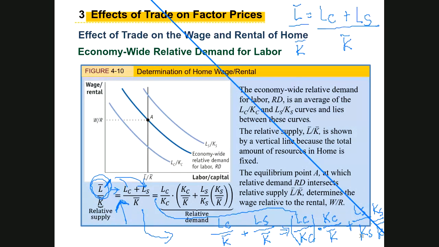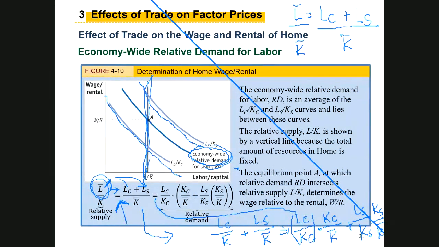All right, so what's the meaning of this? It means the economy-wide, or national, relative demand for labor is actually the weighted average of the labor-capital ratio in two different industries. We already have the supply, which is based on the endowment.